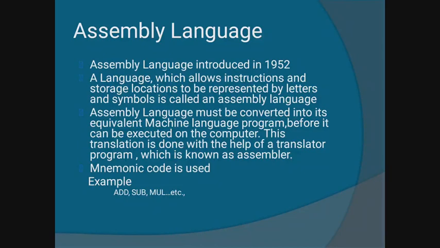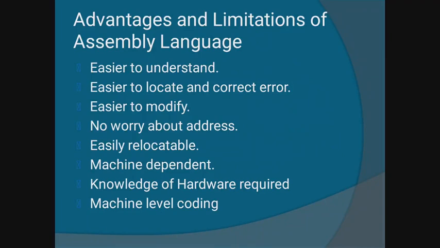Here we use mnemonic codes for instructions such as add, subtract, multiplication, division. We use such mnemonic codes for translation. Assembly language is converted to machine language through an assembler. The assembler also converts machine language to assembly language. So the translator used here is the assembler.